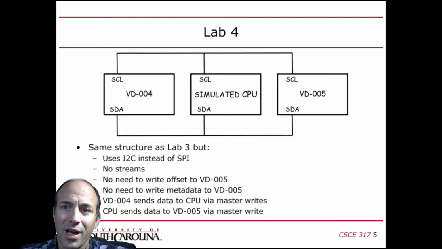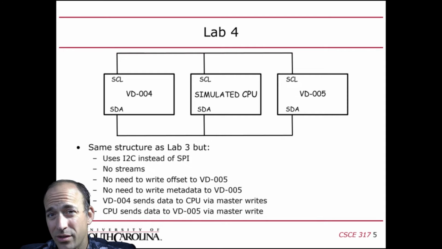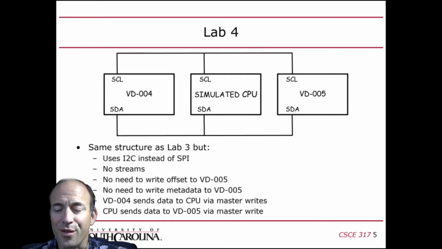The way that we have it set up is that when the CPU reads the number of pages that are available in the storage device, that will trigger the sensor to start sending its data to the CPU, and it will do so whenever the sensor's been idle for 200 clock cycles.